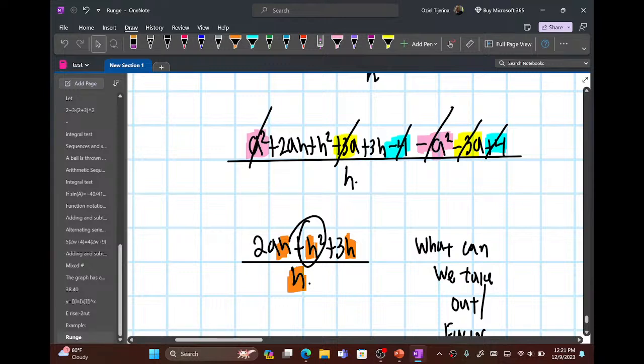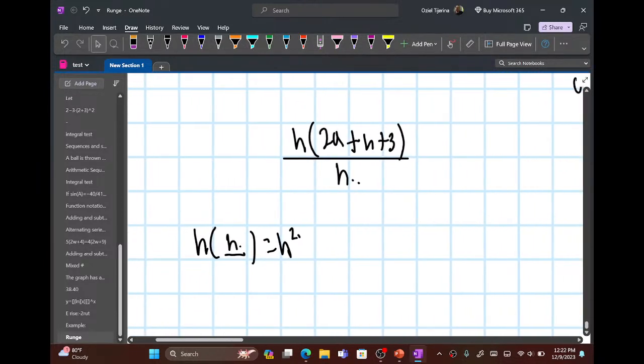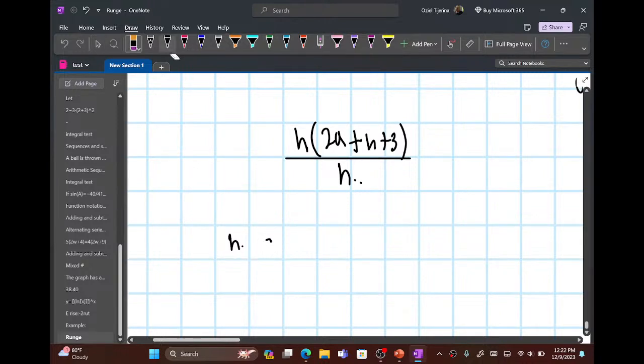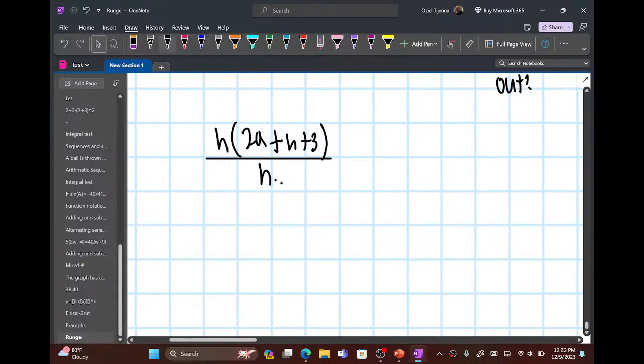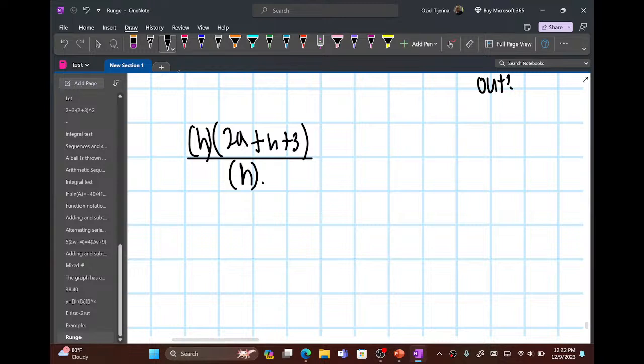So all in all, we get the following. And if you look at it, there's this going on and this going on. Remember that property? A times b over a is just b, because this cancels out.